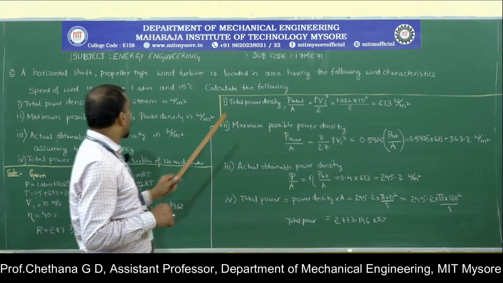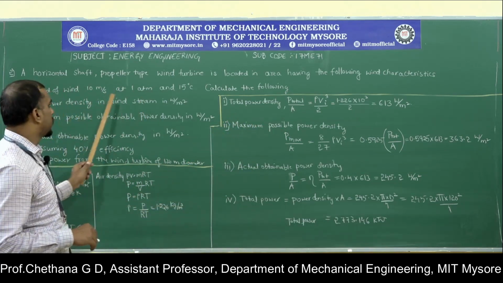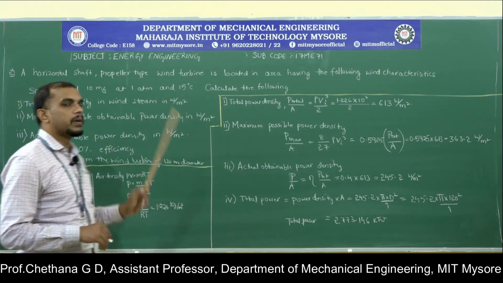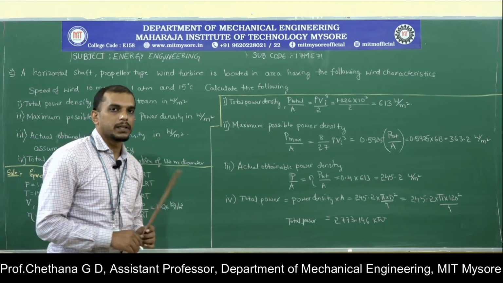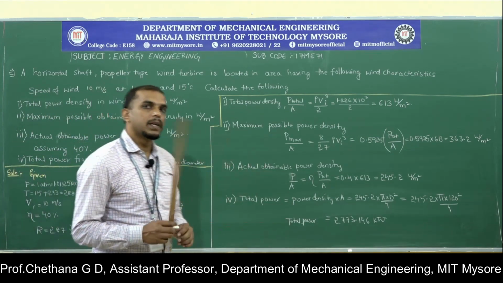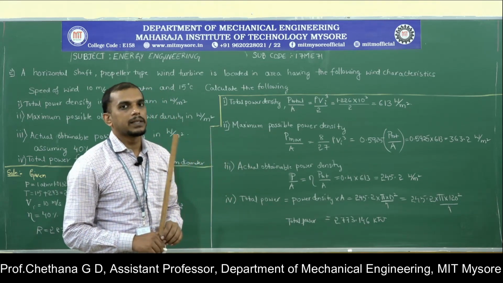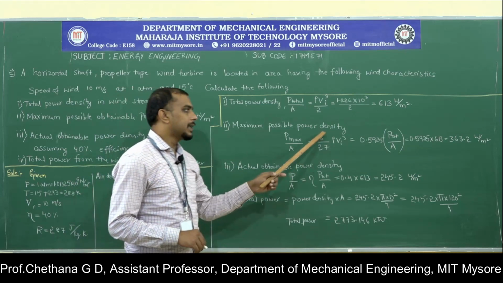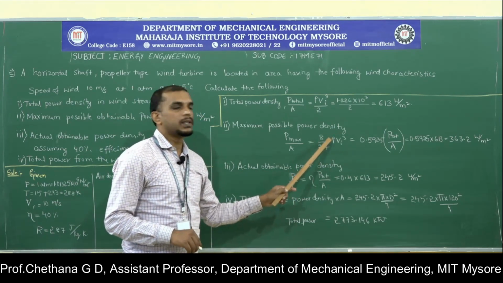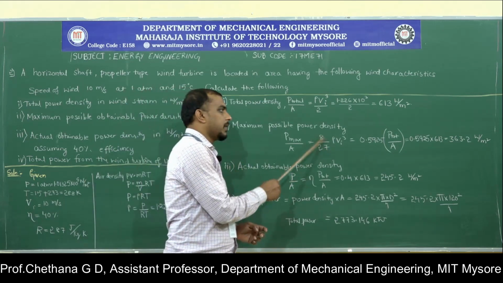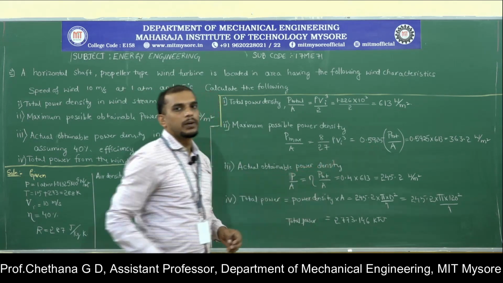Okay. Now we will go on to sub question 2. Maximum possible obtainable power density in watt per meter square. We have derived an equation for maximum power density in a wind turbine. The maximum power density is given by 8 by 27 into rho Vi cube, or if you simplify this, it is 0.5925.